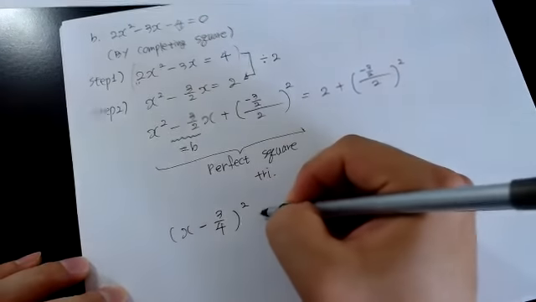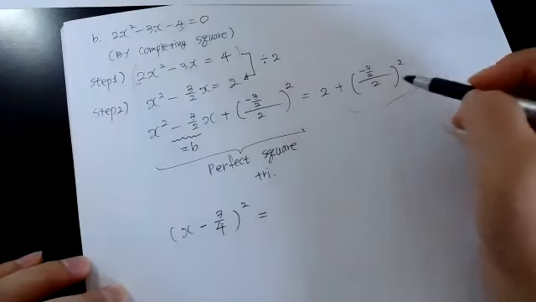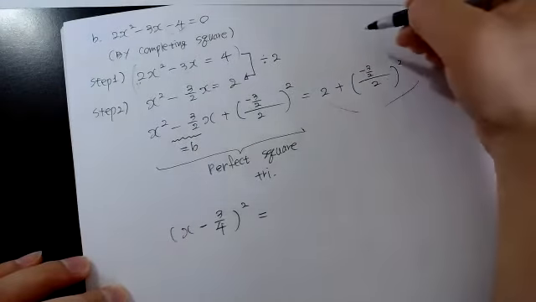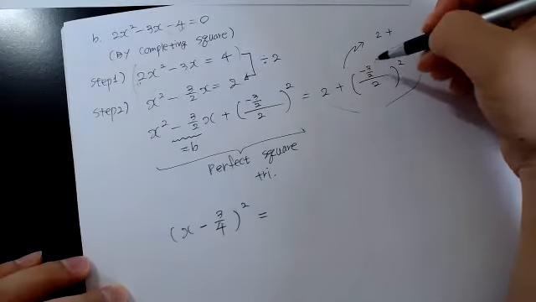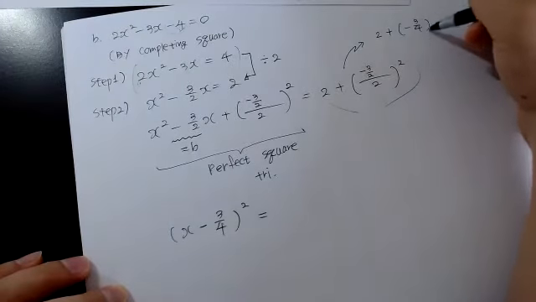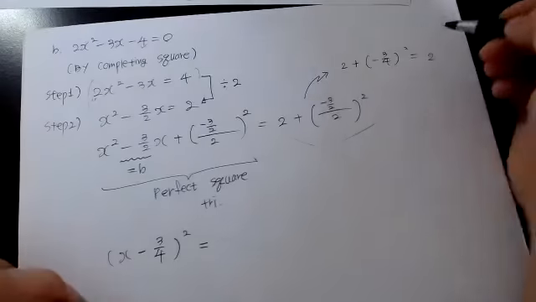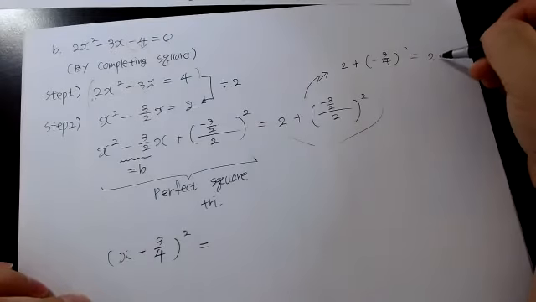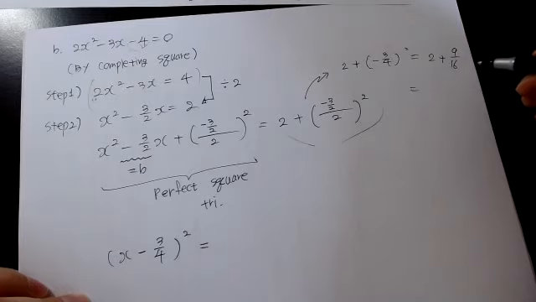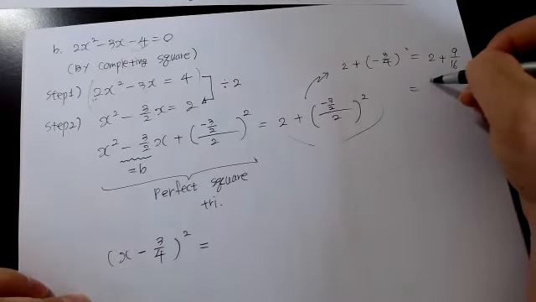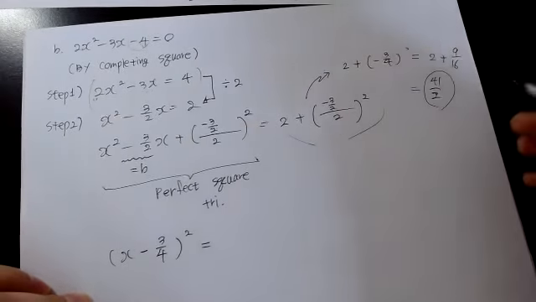Now that is equal to, the right hand side is going to be what? 2 plus negative 3 over 4 squared, which is 2 plus 9 over 16, right? So that is equal to what? 41 over 2.